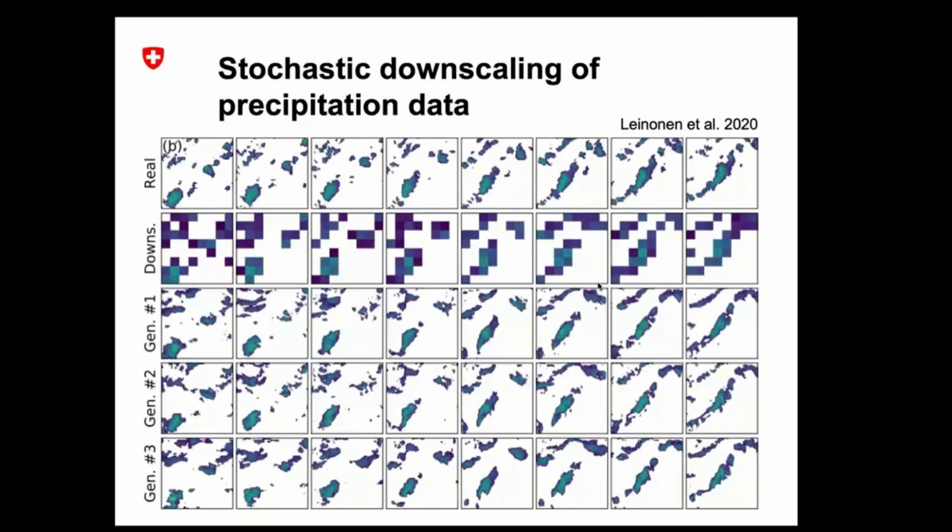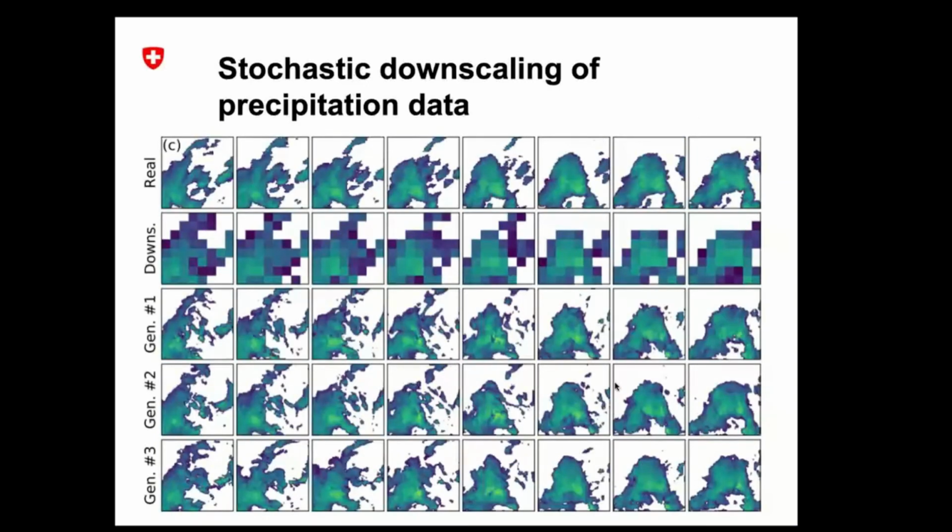And looking at these subsequent frames, we can also see that the texture stays similar between the frames, so the time evolution is modeled in a consistent manner. Here's another example.